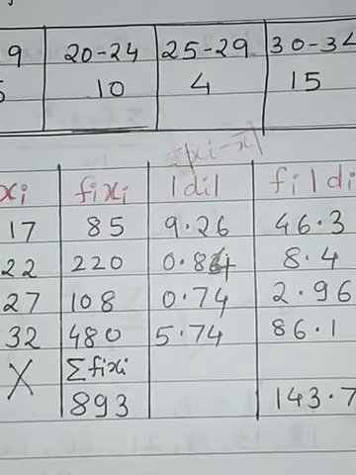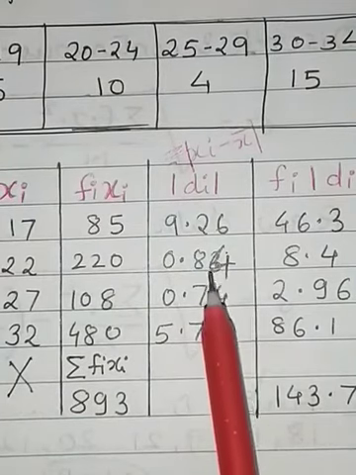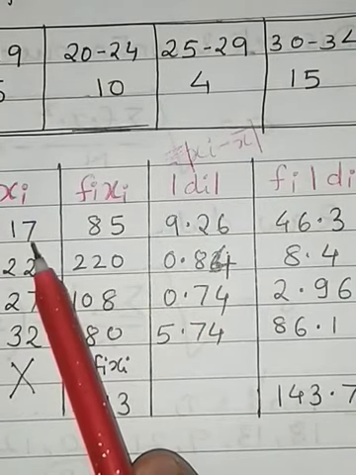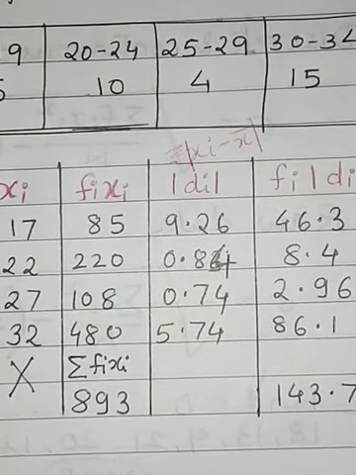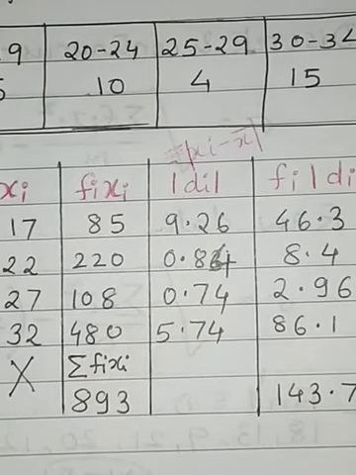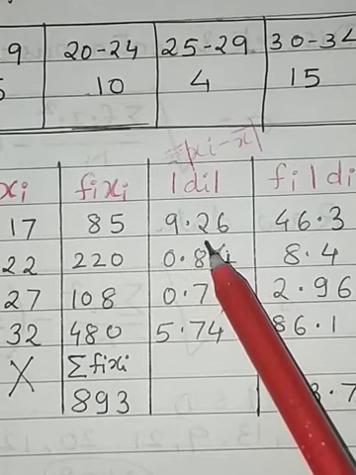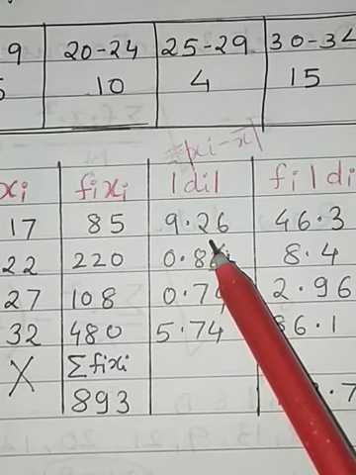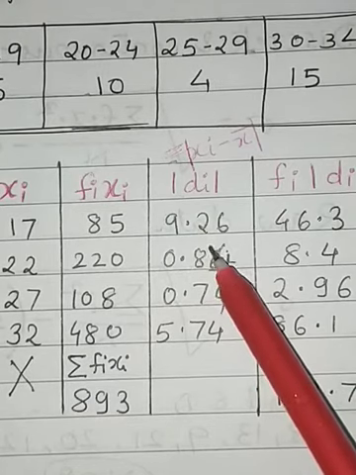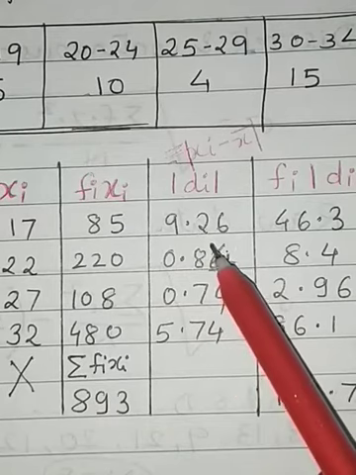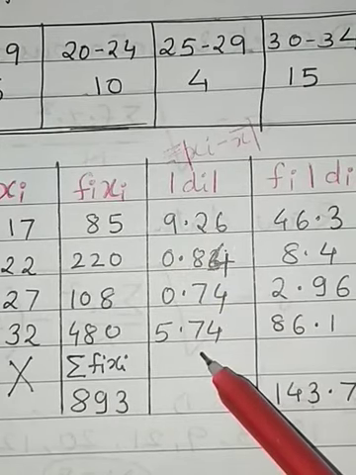and its modulus. So the first entry is 17 minus 26.26, that is 9.26, and then whichever numbers are coming negative, we are making them positive.